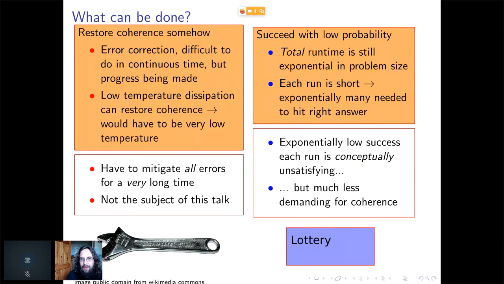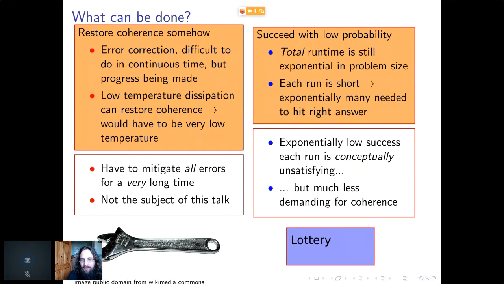But we don't need to maintain coherence for this growing amount of time. We can maintain coherence for a mildly scaling amount of time. This is conceptually kind of unsatisfying because it feels like playing the lottery, honestly. I put a lottery ticket here, and it's much less demanding for coherence.